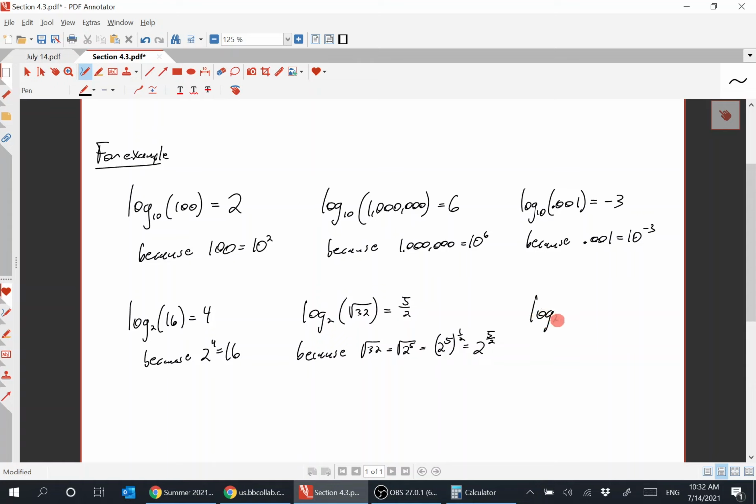And then the log base 2 of, say, 1 over 16. Well, that's -4, because 2 to the -4 is 1 over 2 to the 4 is 1 over 16. So on and so forth.